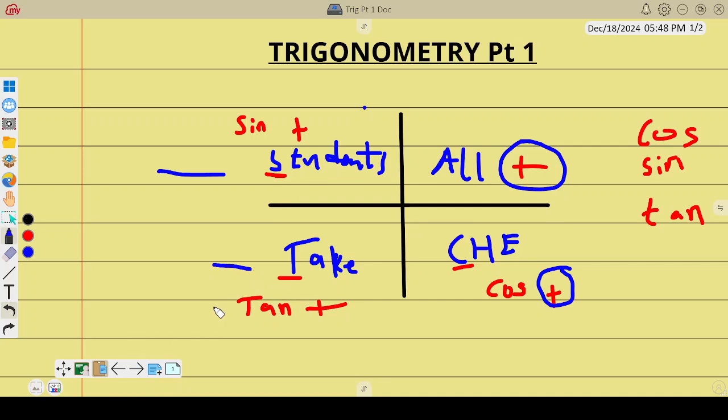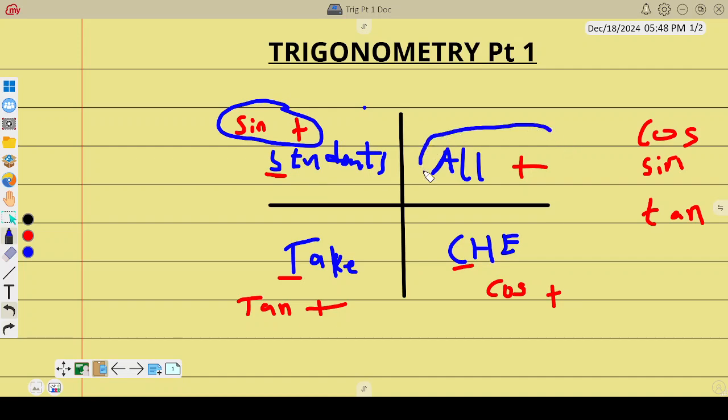I hope none of you is lost here. This is not so complicated. Let me also explain sine so that you get what I'm talking about. Sine is positive in the second quadrant and also in the first quadrant. Since it's positive in these two, it will be negative in the third quadrant and in the fourth quadrant.